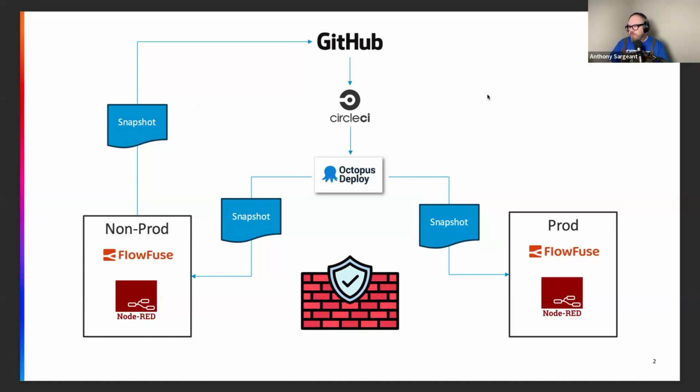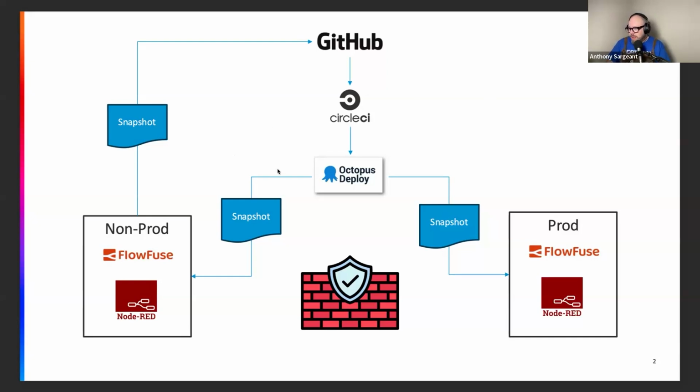That's then picked up by our CI, Circle CI in this case. What that does is bundle up the snapshot and send it to the Octopus Deploy server, and it will create a release for that particular snapshot.